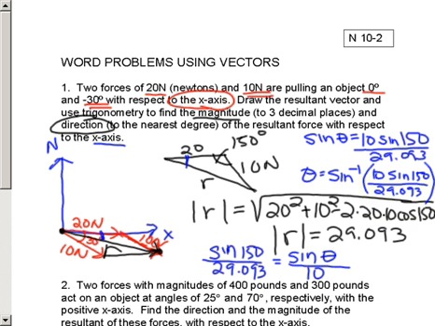So you got arc sine of 10 sine 150 over 29.093, and what'd you get?